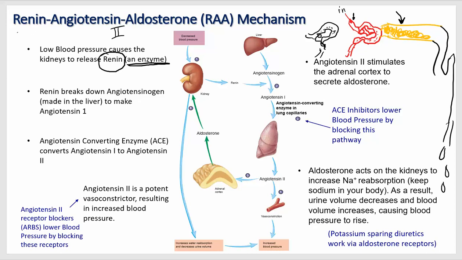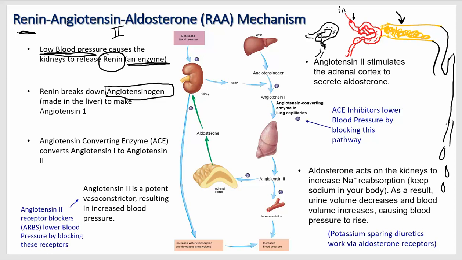That's why it's called the renin-angiotensin-aldosterone mechanism. So renin is released by low blood pressure, and then renin breaks down something called angiotensinogen. Angiotensinogen is made in the liver. It's in your blood right now, just going around, waiting to be broken down into angiotensin 1.